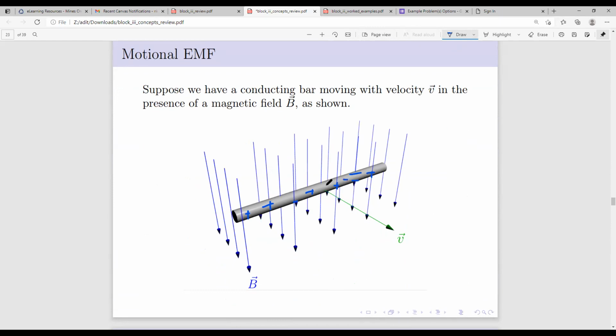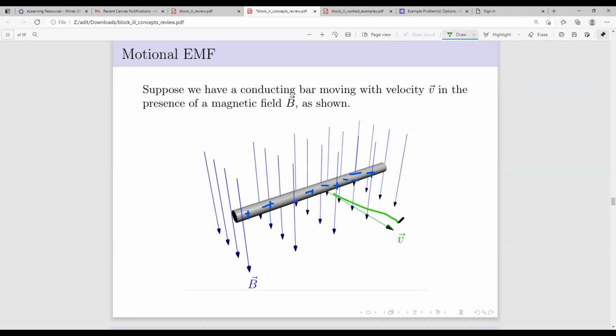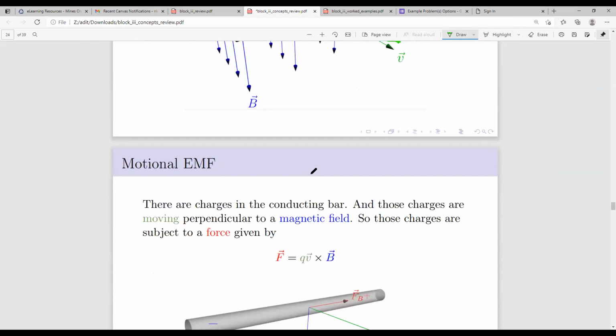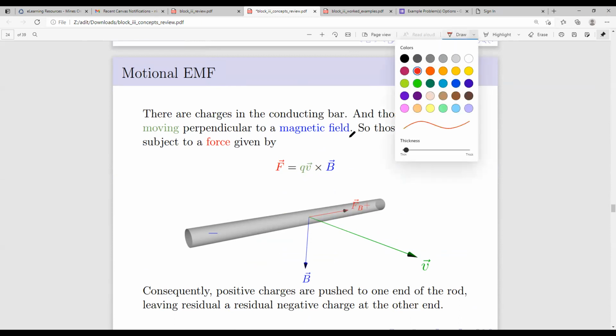It doesn't have to be a metal rod, but metal rods are great. If that rod is moving with this velocity perpendicular to the magnetic field, out of the page, those charges are moving perpendicular to a magnetic field. And we already know that when a charge moves perpendicular to a magnetic field, it's subject to a force. So let's say I have positive charges.